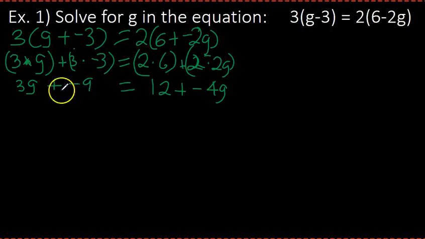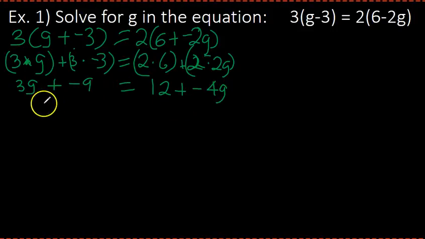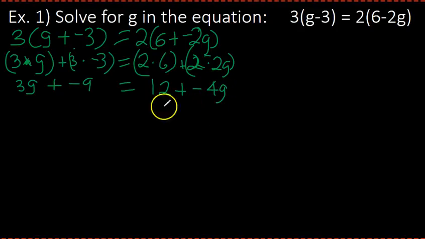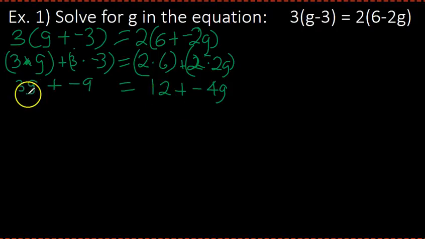Once each side is simplified, then we think of combining like terms from one side to the other. So we're going to make all the terms that have the variable g on one side and all the terms that do not have the variable g on the other side. It doesn't matter which side they are on, as long as you keep track of your signs. Usually I would encourage you to take the smaller one and move it over to where the big one is.